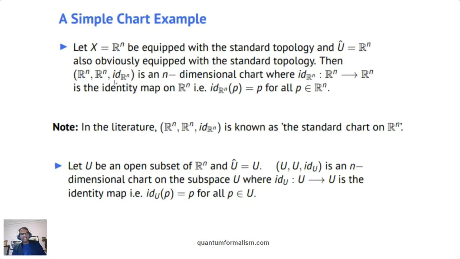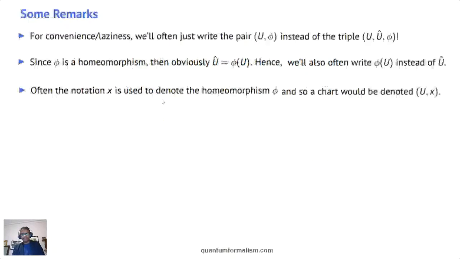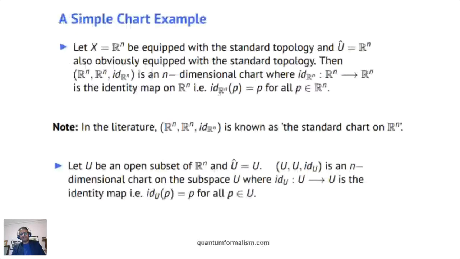Then the claim is that this is an n-dimensional chart where ID here is the identity map, meaning that it takes any point to itself, right? So this is a chart. I hope you can see this. This is the simplest example that you are able to see. So in the literature, this is known as the standard chart on Rn.